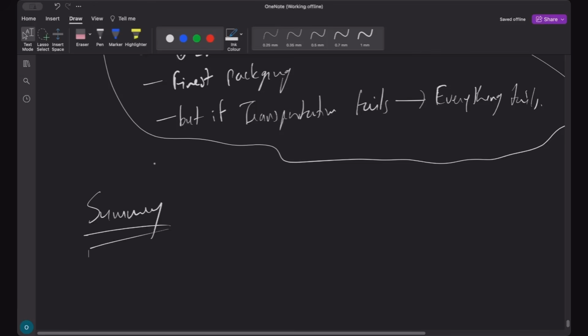Then four types of logistics: inbound, outbound, reverse, and internal. Then we saw the competitive advantage, the examples of Amazon, Zara, Walmart, and how they win through logistics excellence. And at last, we saw the transportation's role, which is most visible, most expensive, and connects everything.